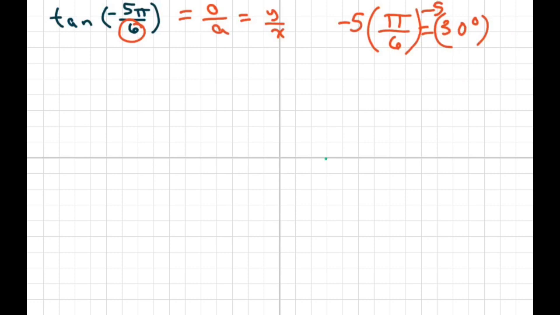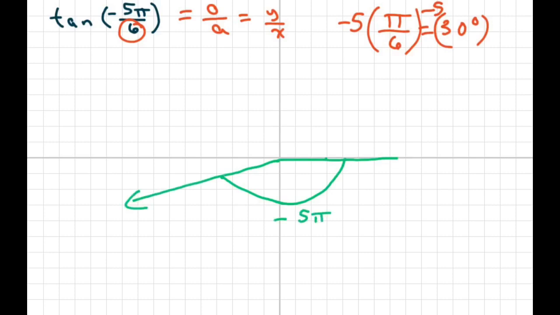If I go clockwise, this is 90. I have to add 60 more, so I'm right about here. This would be -5 pi over 6. Again, if I draw my triangle here, this is a 30-degree type angle, the reference angle is 30 degrees. I know that at this point, my y is -1/2, and my x is negative square root of 3 over 2.